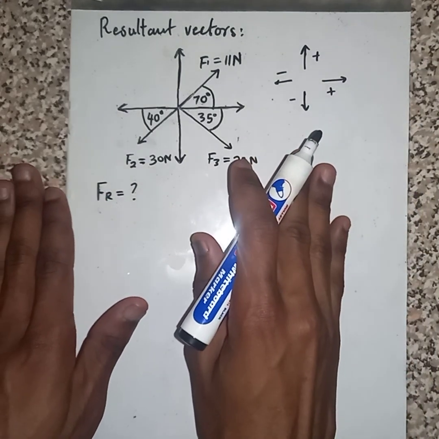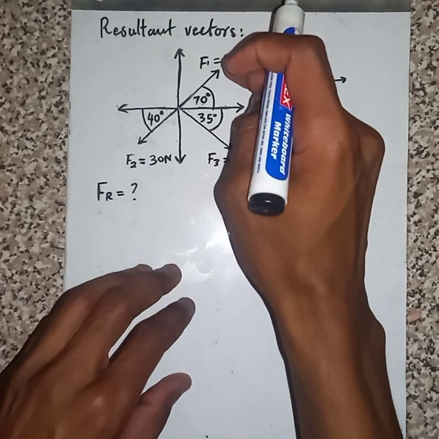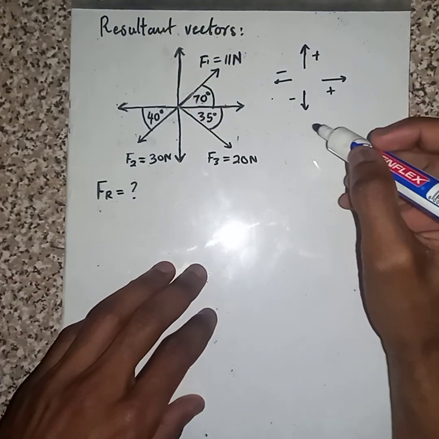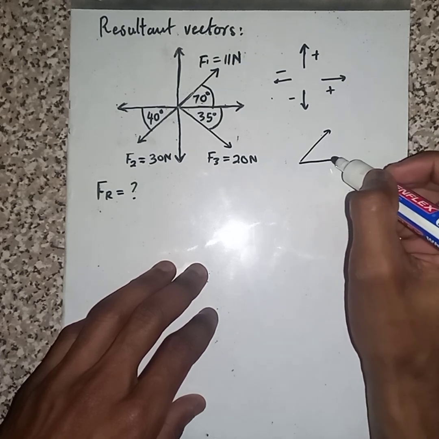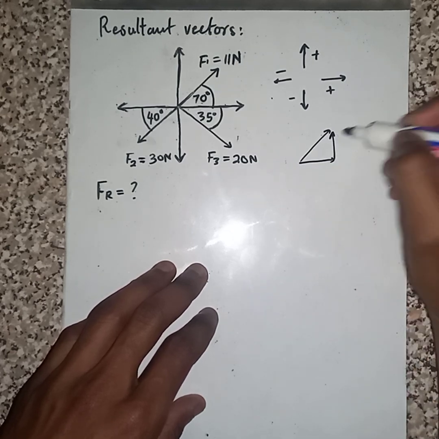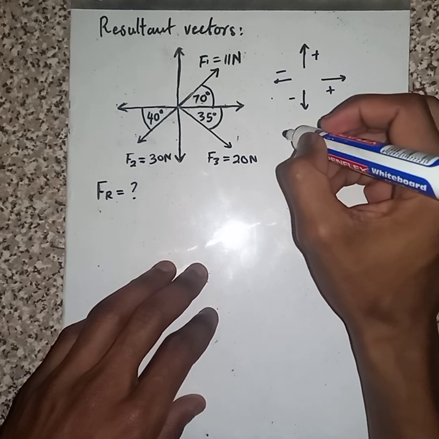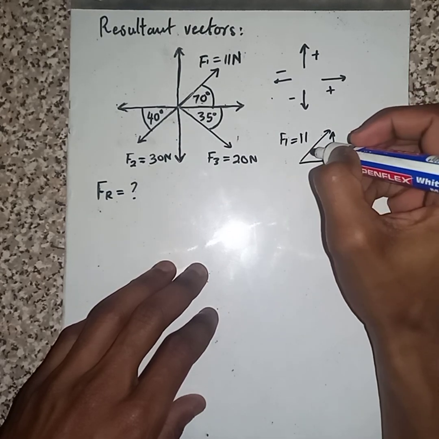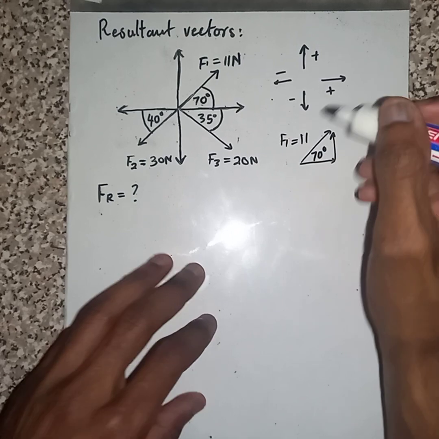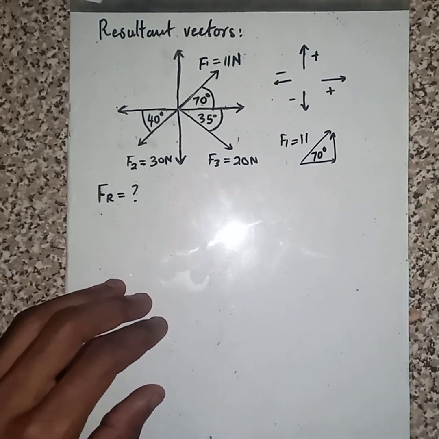Immediately after doing this, we'll start by focusing on F1. We have force 1, which is like this. F1 is 11 newtons with an angle of 70 degrees.